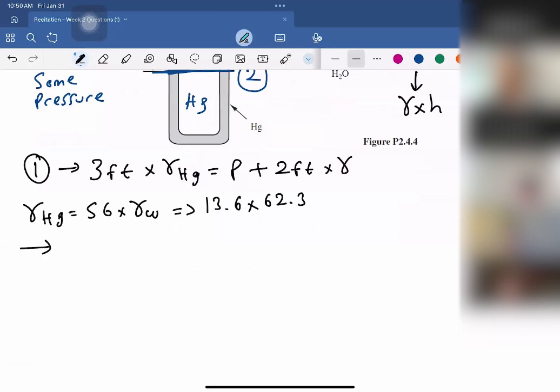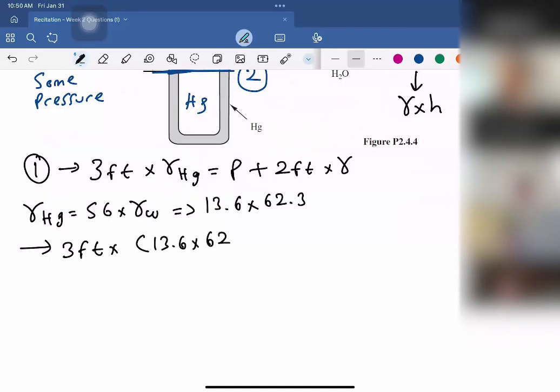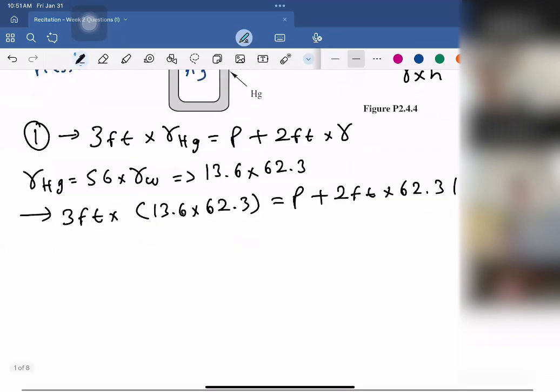So this will give us 3 feet times that, which is equal to P plus 2 feet times 62.3 pound per cubic feet. And from there, we can calculate pressure.